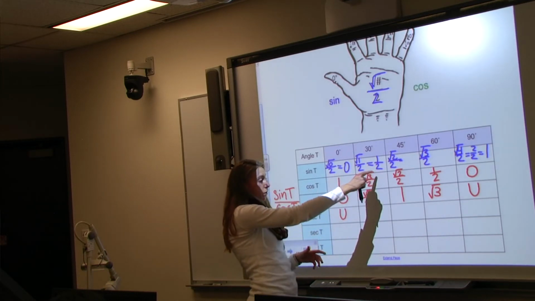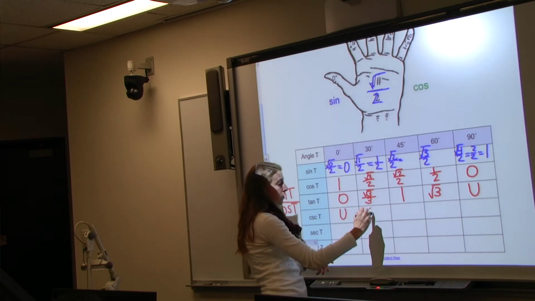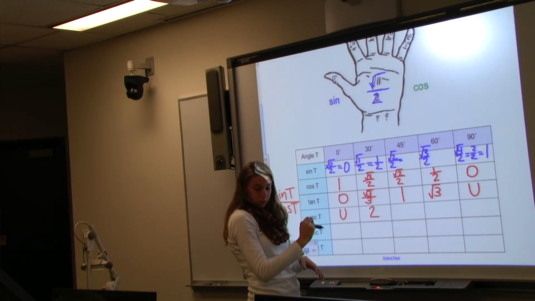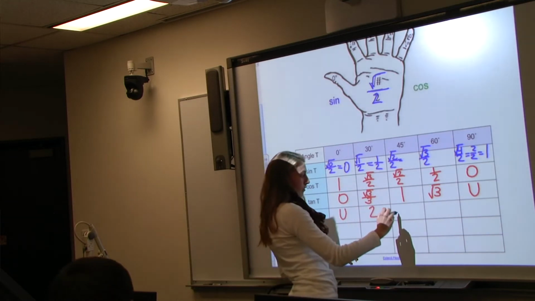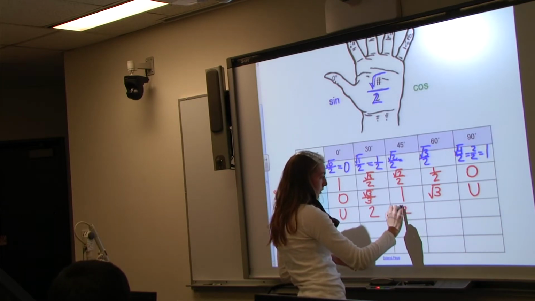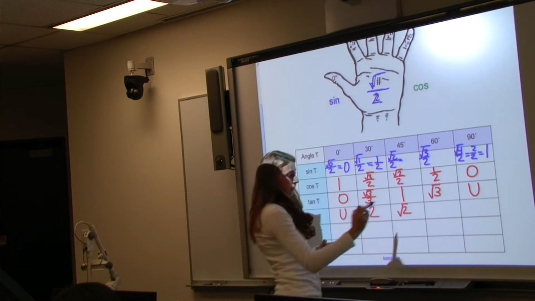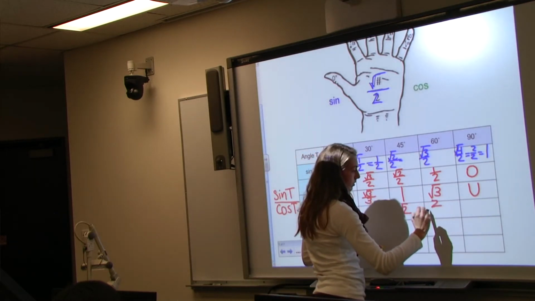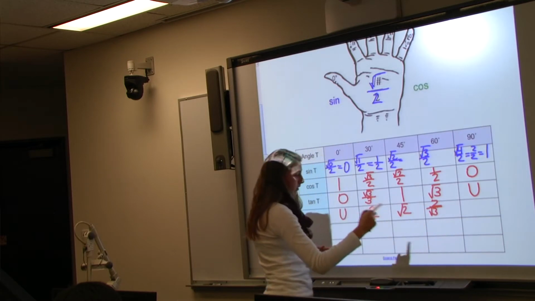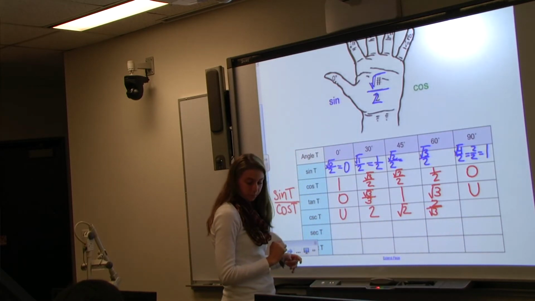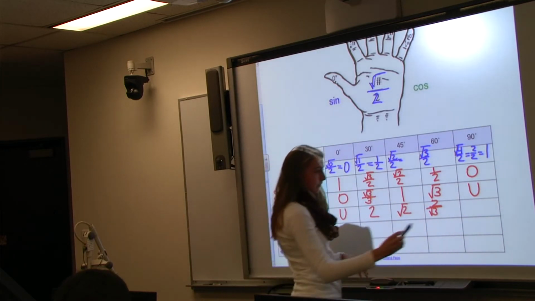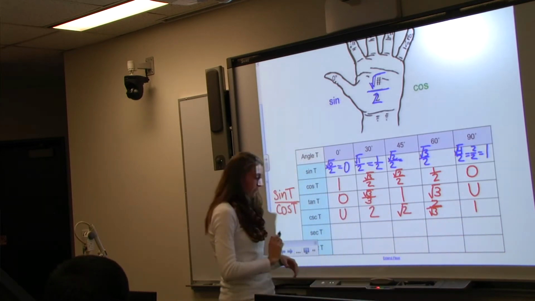And then flip this, we're going to get 2. Root 2 over 2, we're going to get root 2. Two over root 3. I didn't rationalize that one, sorry. My bad, guys. And 1 there.